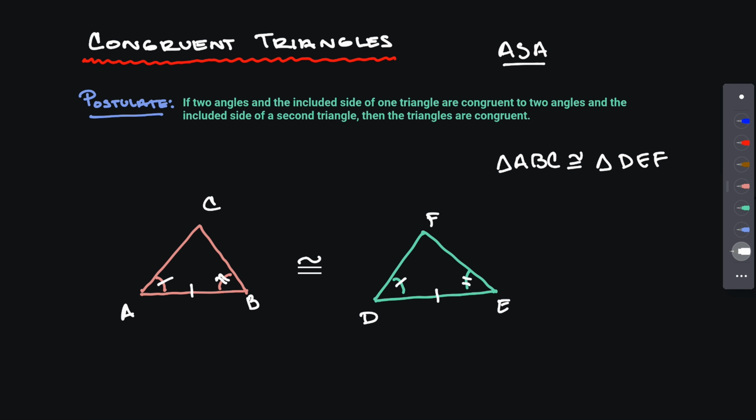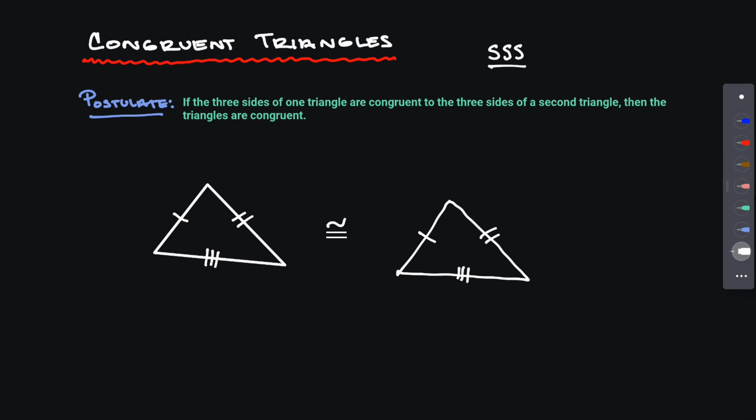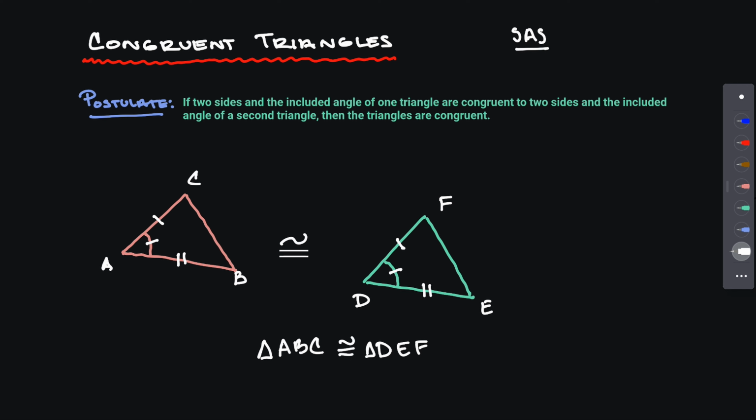The ASA criteria, angle, side, angle. Okay, so let's review real quick. For now, we have three postulates that help us determine if two triangles are congruent with some conditions. So if we have side, side, side, then the triangles are congruent. If we have side, angle, side, that means a side, an included angle in the middle, and another side, then with another triangle, they are congruent.